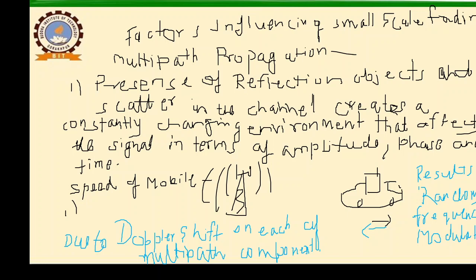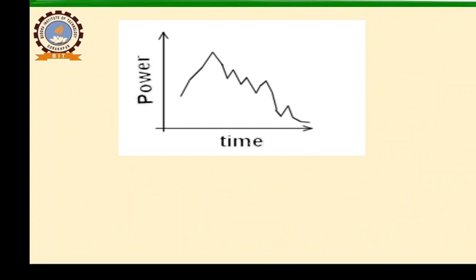So it causes some factors which influence your small scale fading, and that factor is seen in terms of when the signal starts to transmit in free space. That is the power of your transmitter and the time at which they are received.